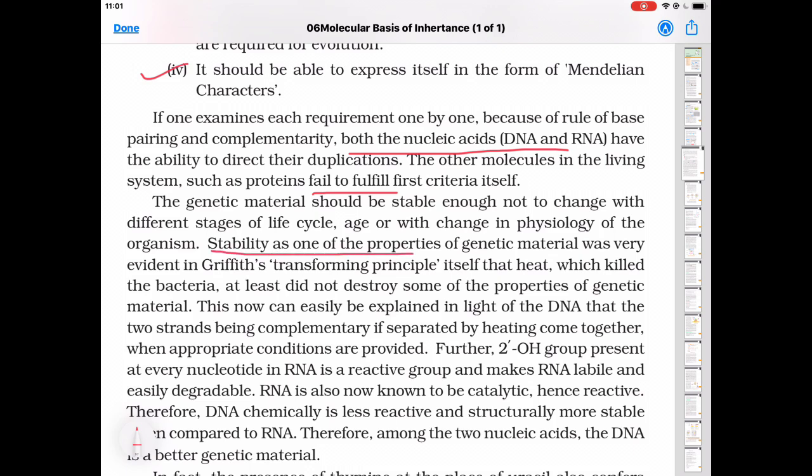This was very evident in Griffith's transforming principle, where the heat which killed the bacteria did not destroy some of the properties of genetic material.